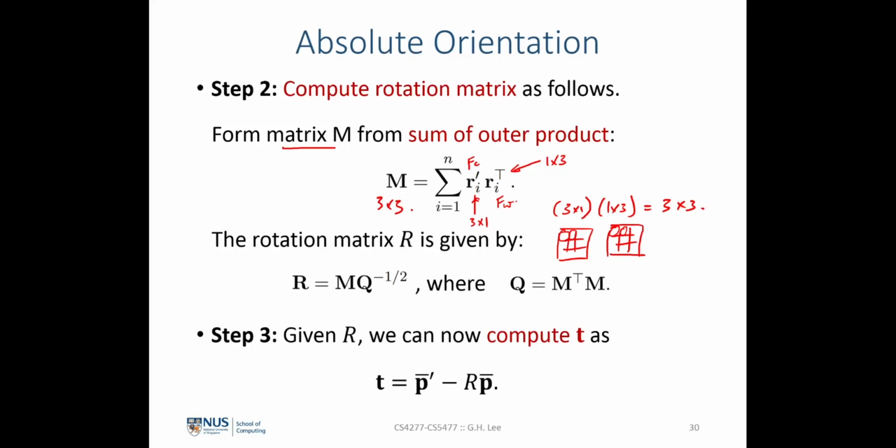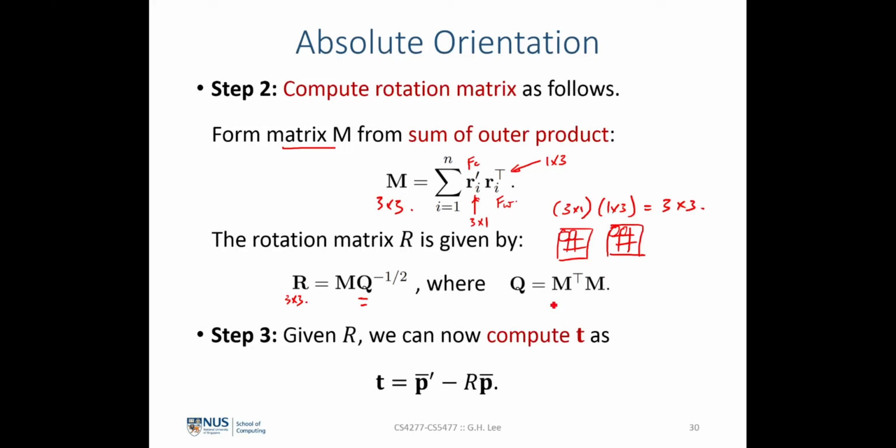So after we get the matrix M, we'll proceed on to compute the rotation matrix, the 3 by 3 orthogonal rotation matrix, using the product of M with square root of Q inverse, where Q here is given by the product of the M transpose by itself.